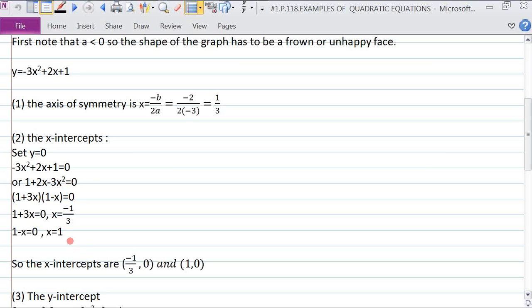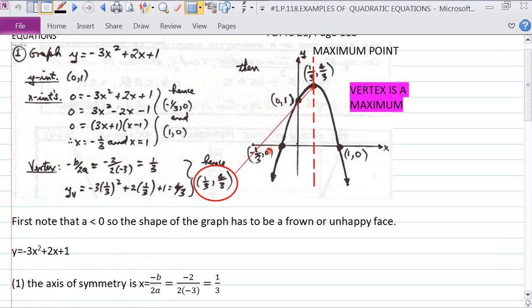So these are the factors, equal to 0. If I set 1 plus 3x equal to 0, 3x equals minus 1 and x equals minus 1/3. If 1 minus x equals 0, x equals 1. So now I have the 2 x-intercepts, which are minus 1/3, right about here, and 1, 0, here.